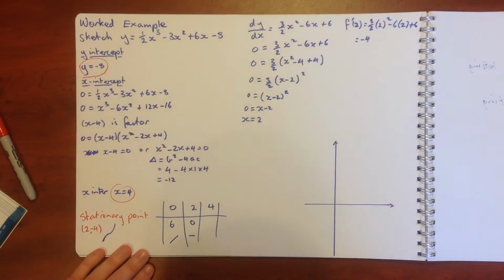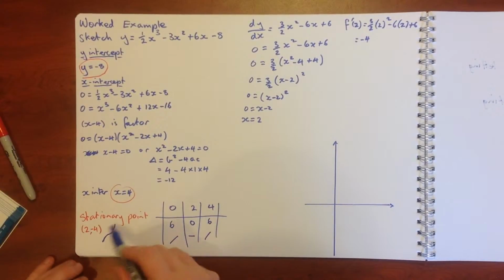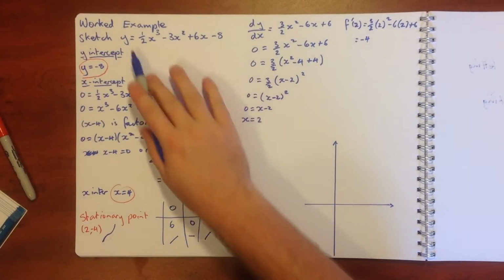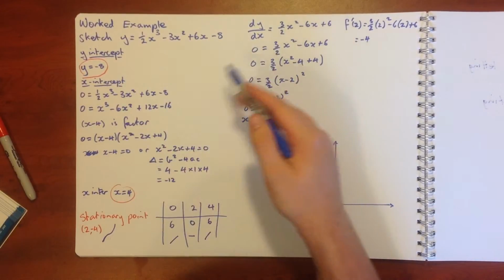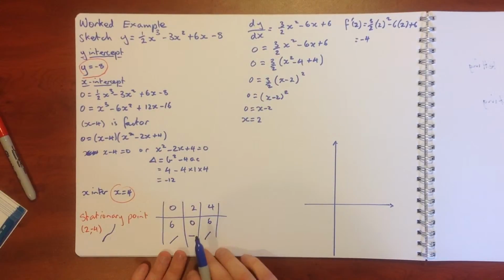When we put 4 into our gradient function, we also get 6 again, which is positive. And as we said, we know we're going to be that shape. So if you're cluey about your functions and the shape of them and what governs that shape, then often you don't need to do the gradient table. So basically we've got everything we need now.